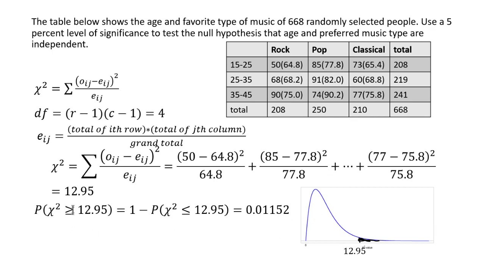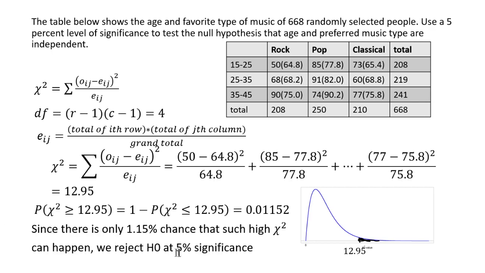Okay, so that's this 12.95 has a p-value of 0.0115, or you can say that this sample has the significance of 1.15. Okay, and it's less than the significance that we wanted, right? So you said use a 5% level of significance. So since there is only 1.15% chance that such high chi-squared can happen, we reject the null hypothesis at 5% significance.